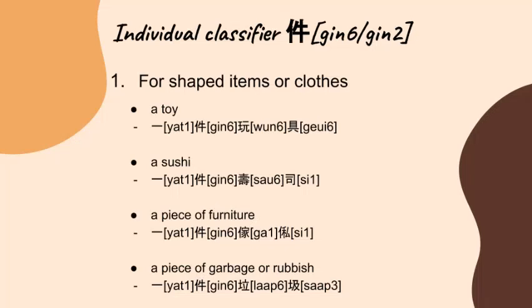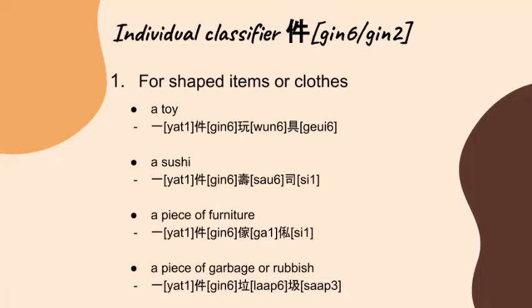For a piece of furniture, 一件家私. For a piece of garbage or rubbish, 一件垃圾. Quite vague, but just remember, unless the item has a specific classifier, 件 is used for miscellaneous shaped items or objects.